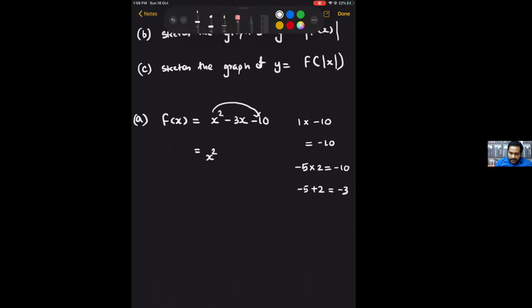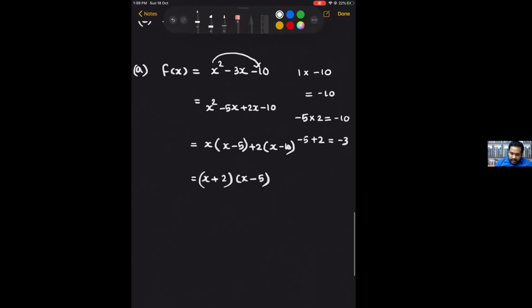So x square minus 5x plus 2x minus 10. So that means if I'm taking x from the first two terms as common, and then I'm taking 2 from the next two terms as common, it beautifully factorizes into x plus 2 times x minus 5.